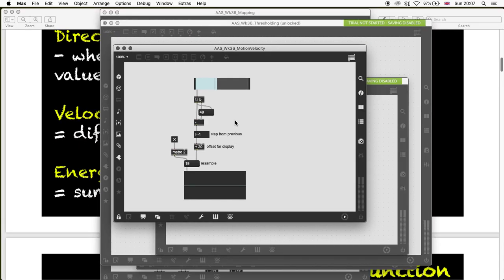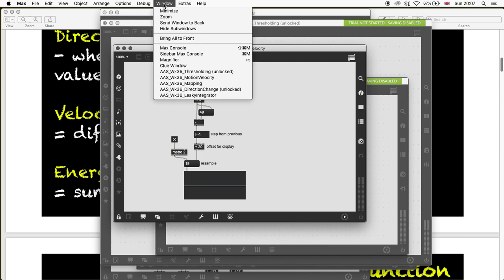Okay, so next up will be the energy of the motion, which also functions as a smoothing algorithm.